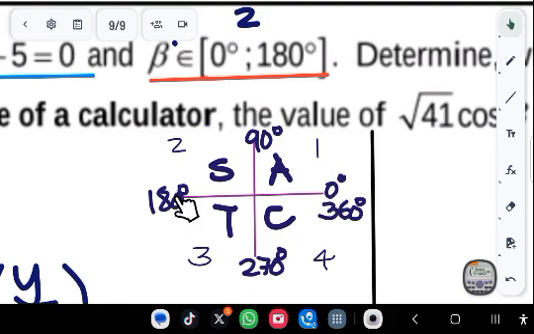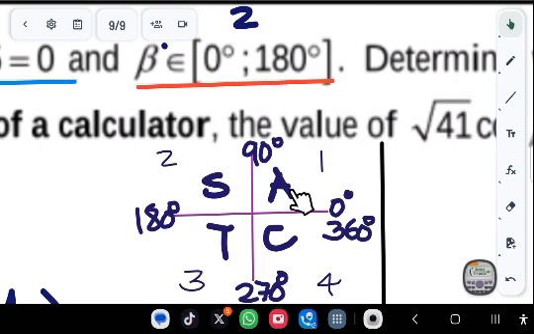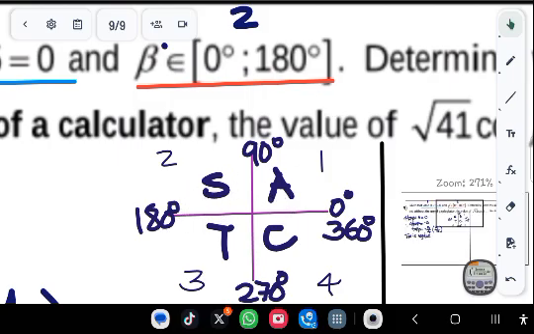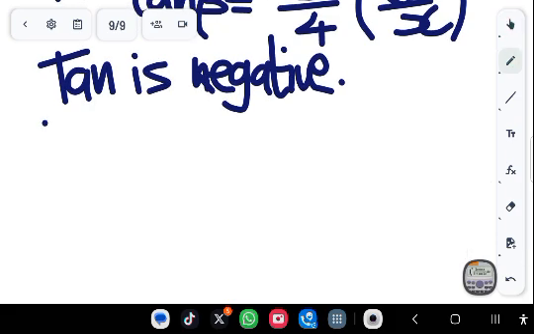Between 0 and 180 degrees means it will be in either the first quadrant or the second quadrant. In the first quadrant, tan is positive, just like with all your trigonometric ratios. So the only quadrant within this interval where tan is negative is quadrant 2. Therefore, beta is in quadrant 2.